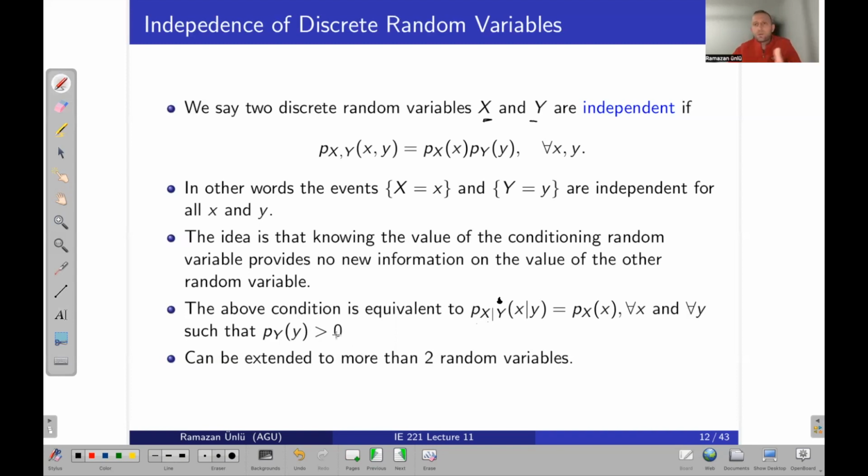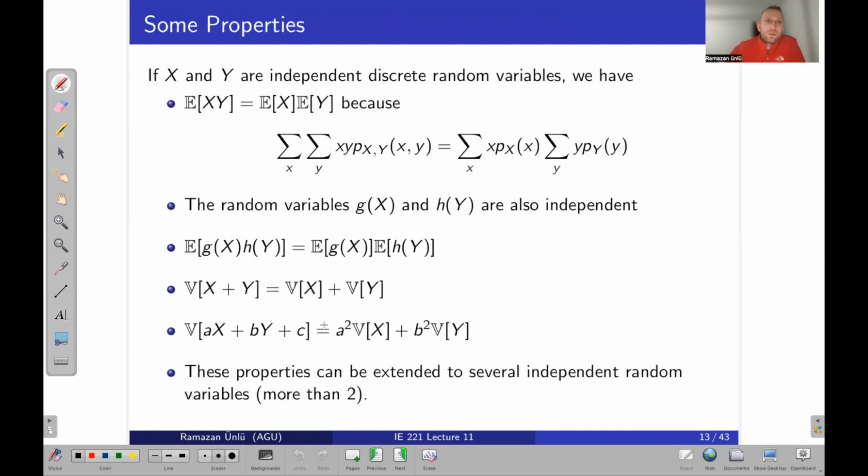That rule can also be extended to more than two random variables. If random variables are independent, they will not give extra information about the others, which means the joint PMF of them will be equal to the product of their unconditional PMFs. That's the main logic.